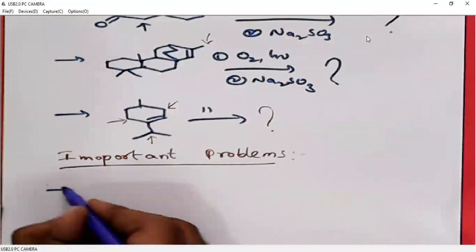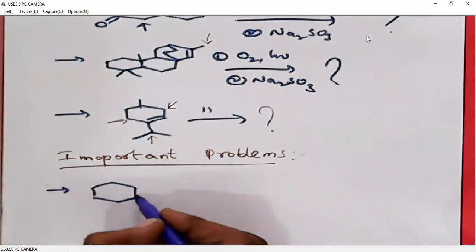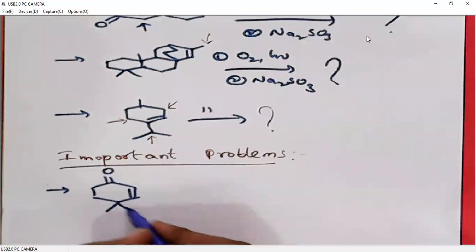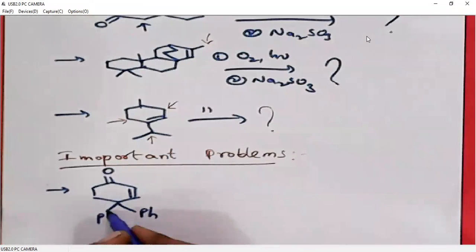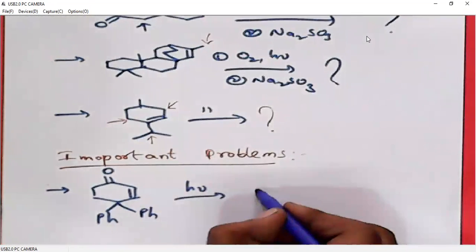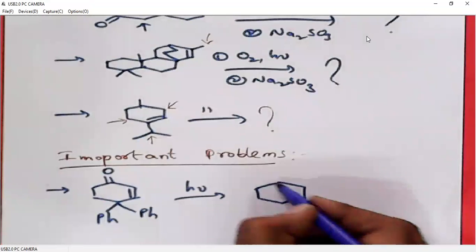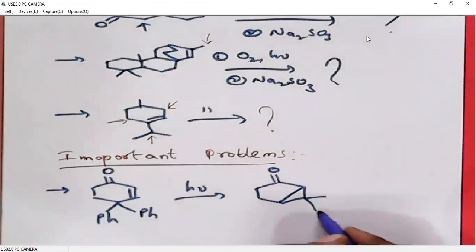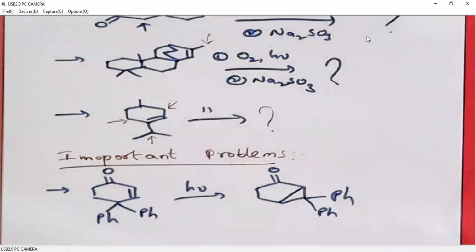Now I'll discuss one important reaction. When we treat this molecule under photochemical conditions, this is the product. Now, how do we explain formation of this?